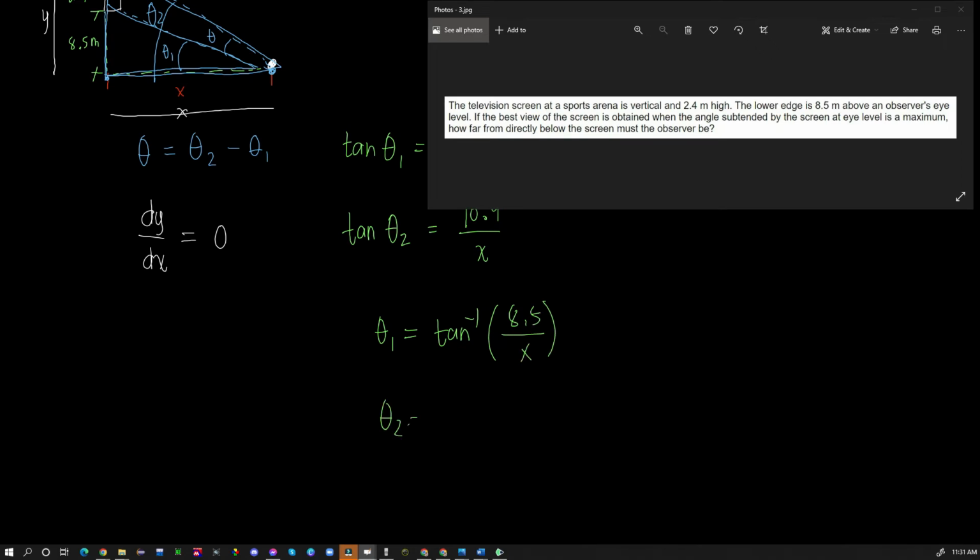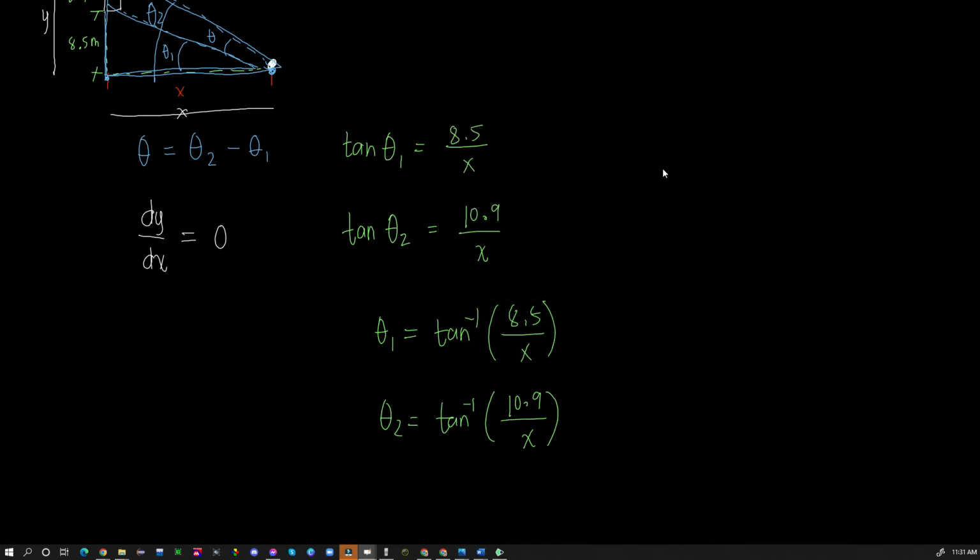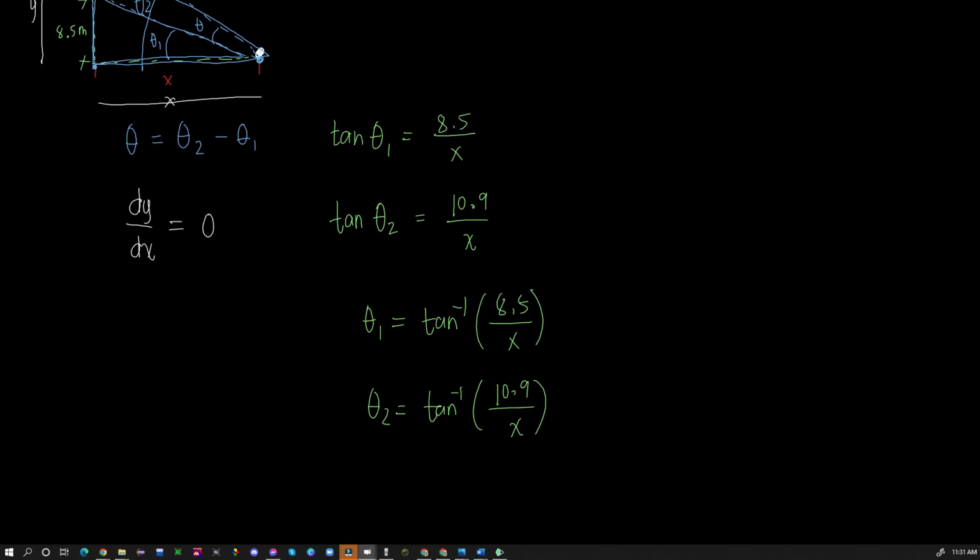Then theta 2 is equal to arctangent of 10.9 over x. Then, gikan diri, makakuha na ta. So, pwede na natin ibaba kay familiar naman ka sa problem. Okay, out from that, makakuha ta og theta 1 plus theta 2. So, theta is equal to arctangent of 8.5 over x plus the arctangent of 10.9 over x.